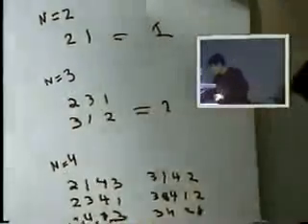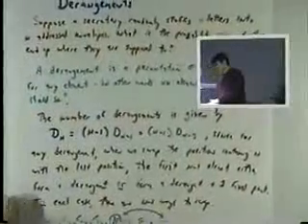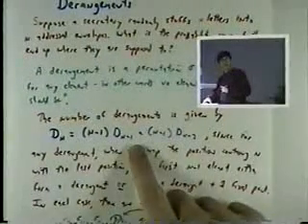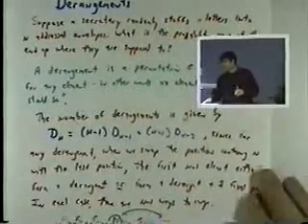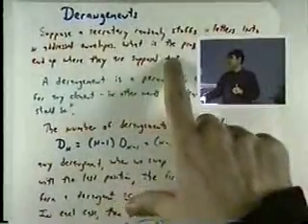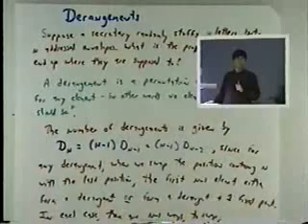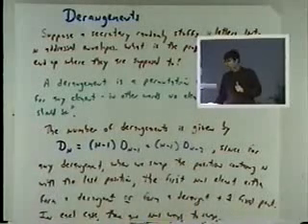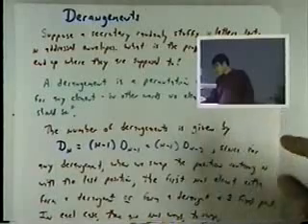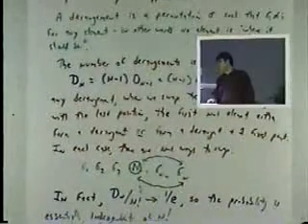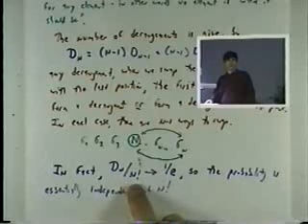So how many derangements are there as a function of n? My claim is that the trick to figuring out the probability that there are no fixed points is to count how many derangements there are and divide that by n factorial.